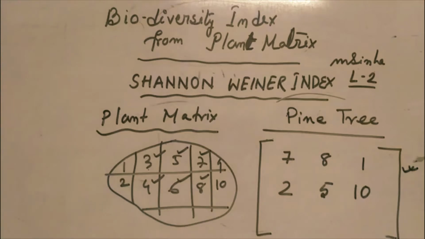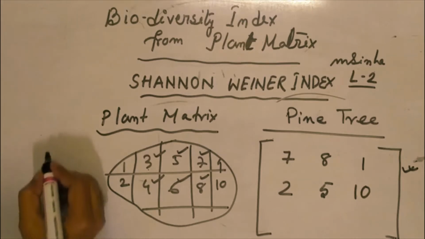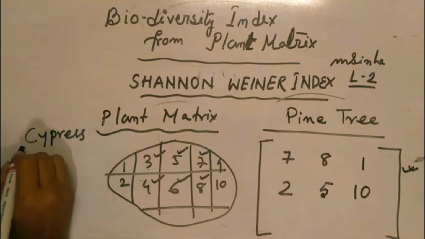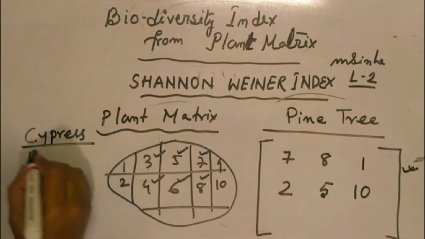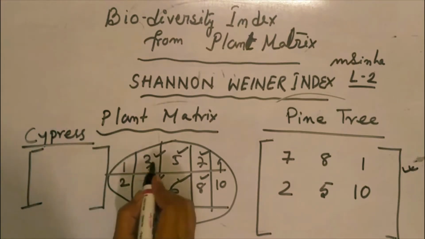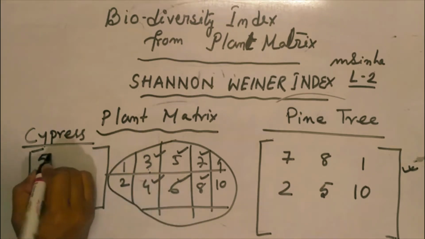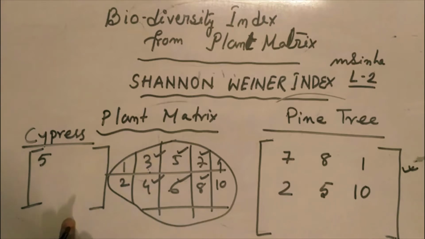Another matrix a group of students prepared from their field survey is for the cypress tree. For grid number 3, number of cypress trees, suppose 5. I am taking all the numbers imaginary.